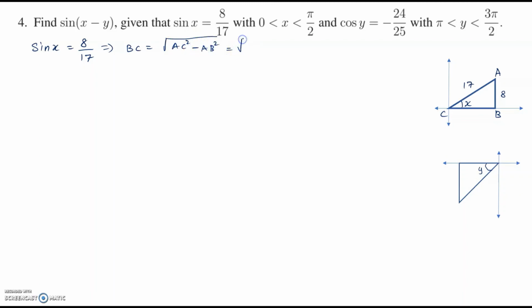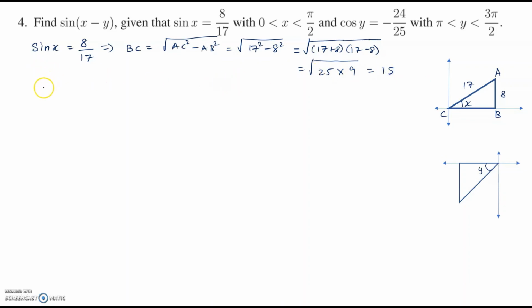So that's equal to root of 17 squared minus 8 squared, and you can rewrite this as 17 plus 8 into 17 minus 8, which is equal to root of 25 times 9, which is nothing but 5 times 3, so answer would be 15.